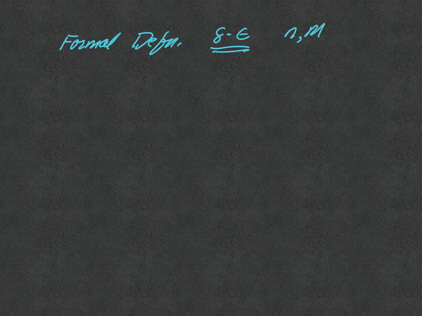For the rest of this lesson, the textbook gives a formal definition of an infinite limit. Like we had delta epsilon for regular limits, we have, I believe it's called the N-M definition for infinite limits, and like delta epsilon, you do a proof.